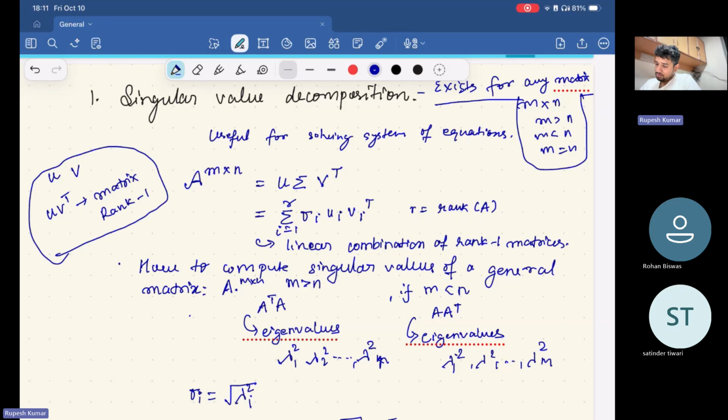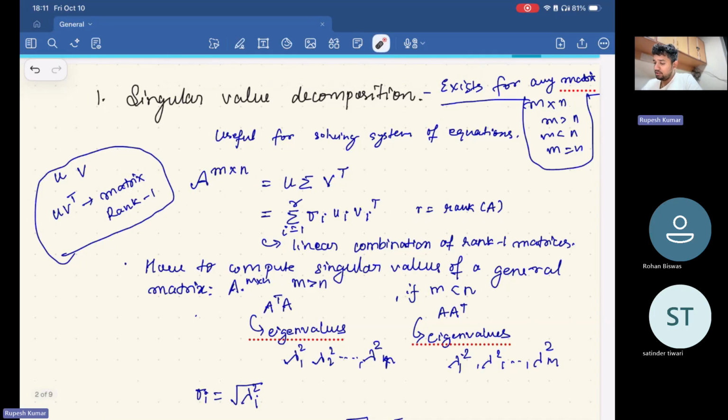So basically, the SVD theorem says that you can write any matrix A of dimension m cross n as a linear combination of R rank 1 matrices, where the number R is essentially the rank of matrix A, right? Now, when you write something like this, you can always write it in matrix form.